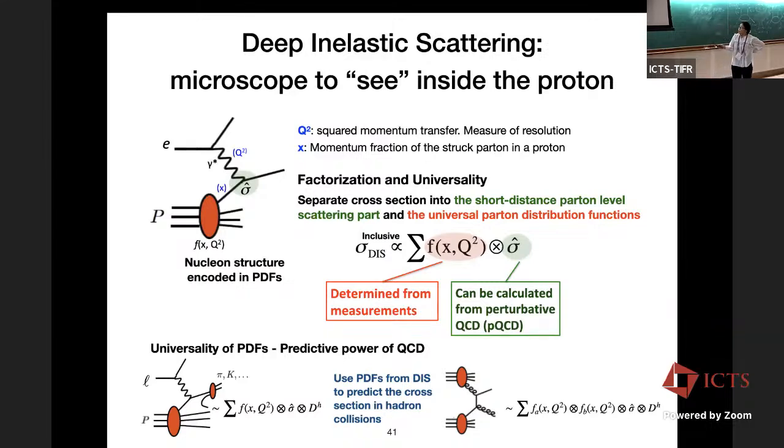And these extracted parton distribution functions can then be used for predicting other processes, for example at the LHC, or the cross-section of different pp scattering interactions using the PDF extracted from HERA. You predict the cross-section, and it has been very successful. So this tells you the prediction power of QCD.